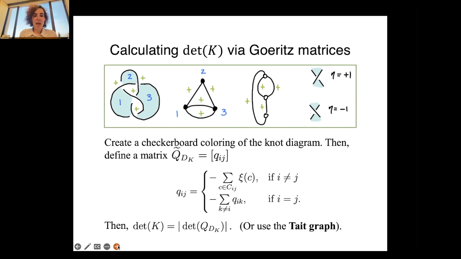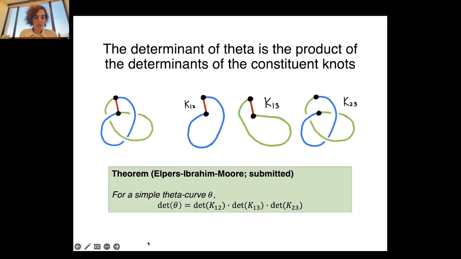Before going forward, let me point out what a simple theta curve is. The theta curve pictured here is simple because it contains at least one constituent knot that's an unknot. In fact, this one has 2. But a simple theta curve just means that at least one of those constituents is unknotted. And in the product formula, that means one of these determinants will be 1, and it could really be written as the product of the other 2.